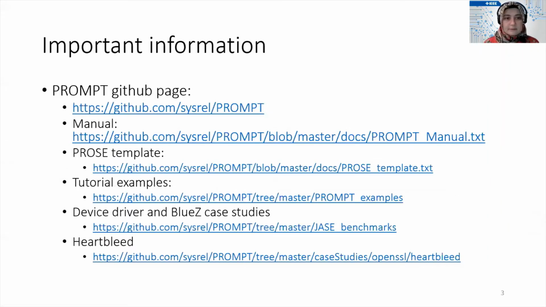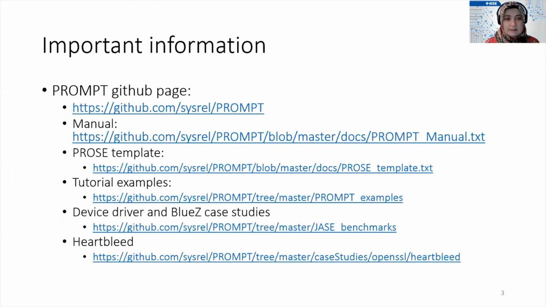We have released PROMPT on GitHub, so you can find the path to the GitHub repository on the slide. There is some documentation on the GitHub page, such as the manual and a template for PROSE specifications for you to get started with. Most of them are commented out.